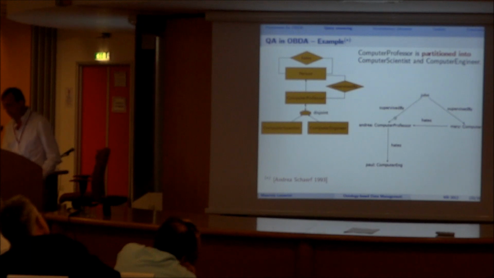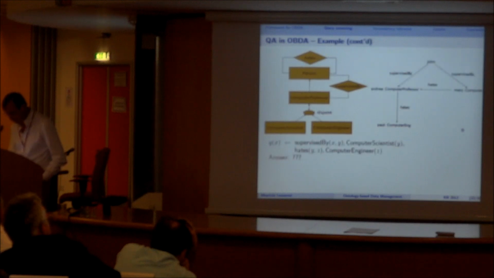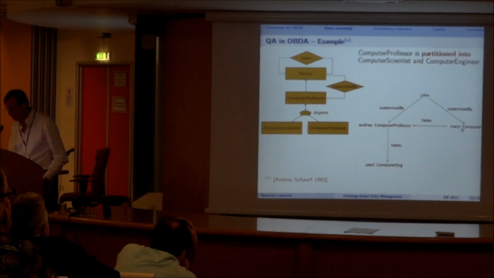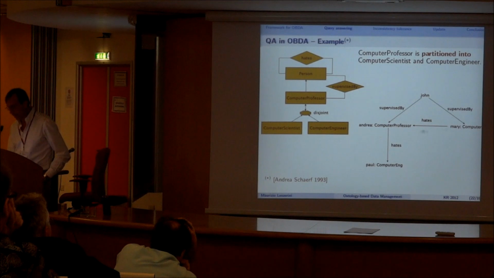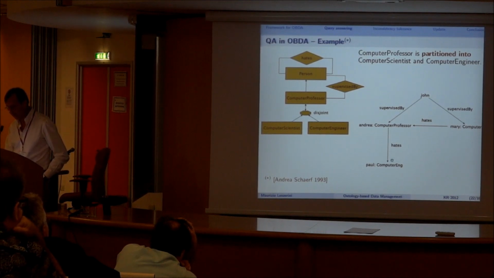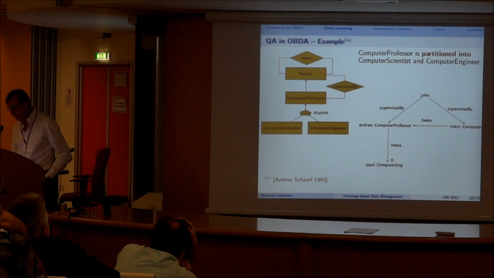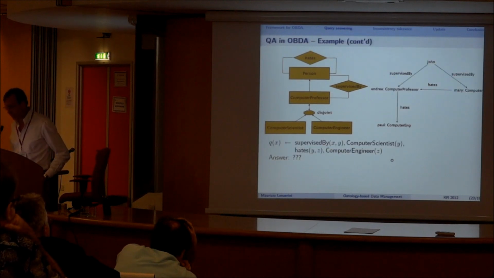John is supervised by Andrea, who is a computer professor, and is supervised also by Mary, who is a computer professor. And I know that Mary hates Andrea, and Andrea hates Paul. Now, this comes from the data.